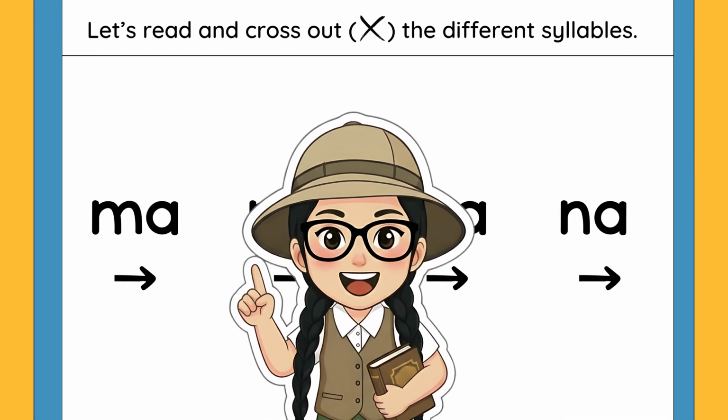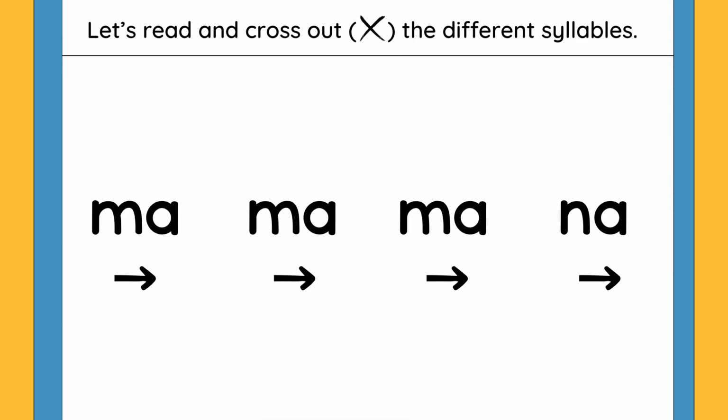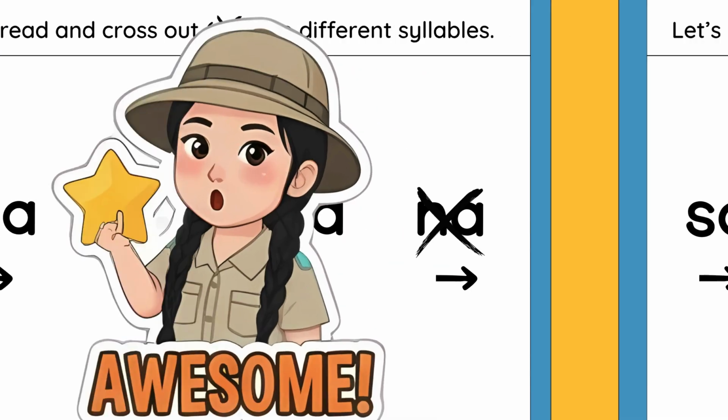Let's read and cross out the different syllables. Ma, ma, ma, na, na. Awesome!